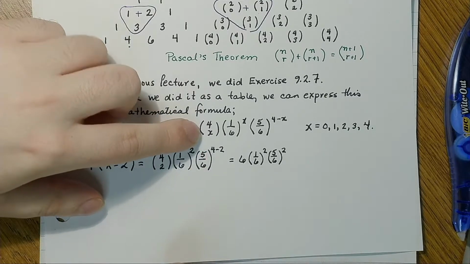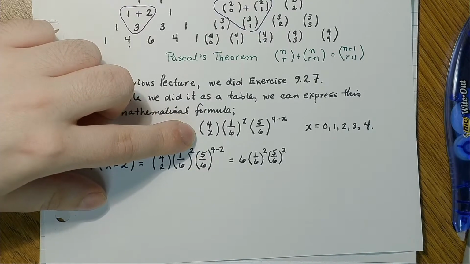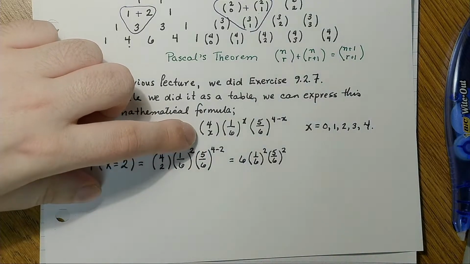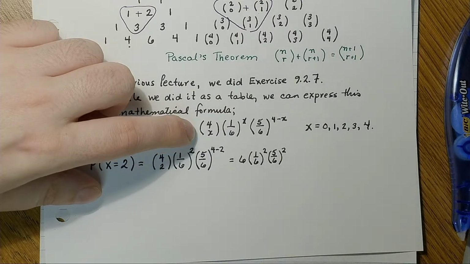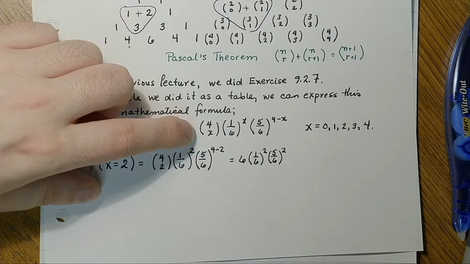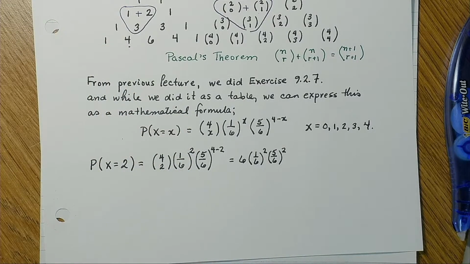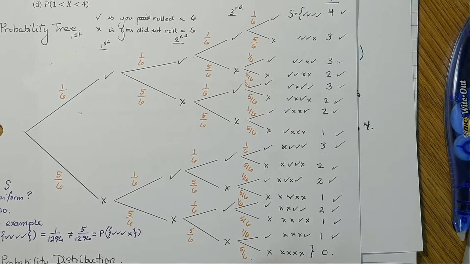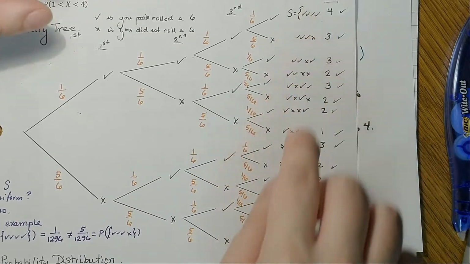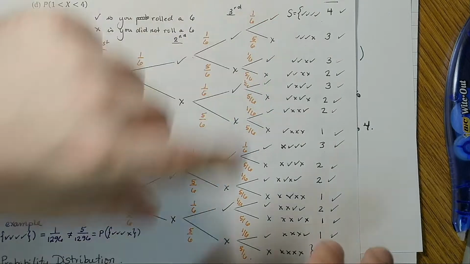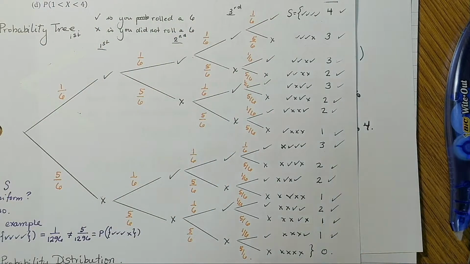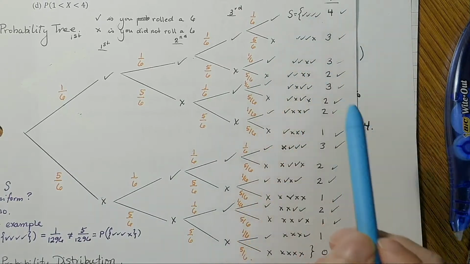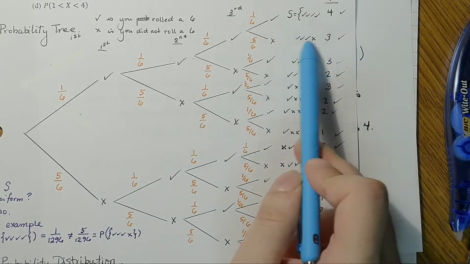But why are we using a combination? Because when we look at these, we don't really care about the order in which they're happening. So over here, we've gone through all the orders. For instance, let's look at 3 here.